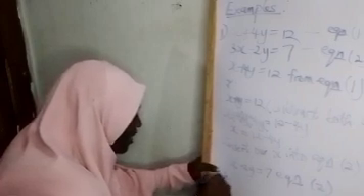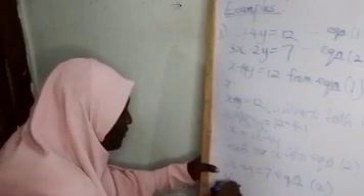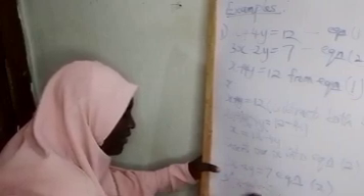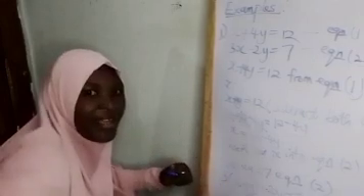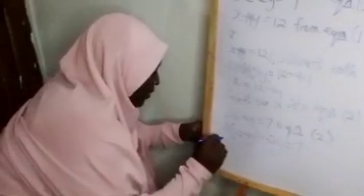So our x will be 3 into bracket, what is our x here? We have 12 minus 4y, minus 2y equals 7. What do we do to remove our brackets? By removing our bracket, that means we multiply what is outside by what is inside.